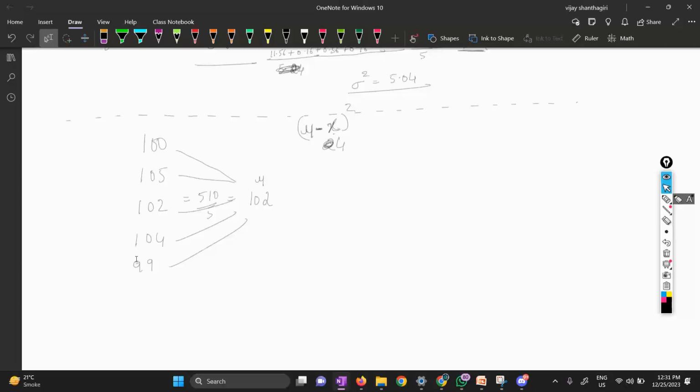What is 100 minus 102? Minus 3. Square and tell. Yes, minus 9, sir? Minus 3 into minus 3 is 9. Plus, minus, yeah, got it. 99 minus 102 is minus 3.